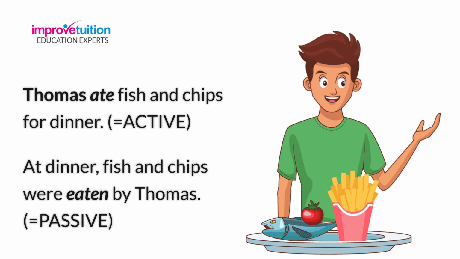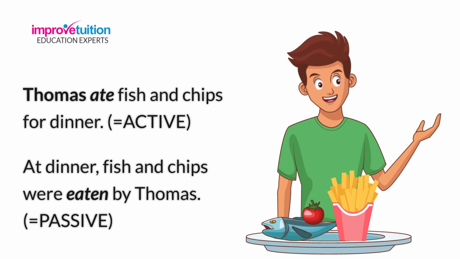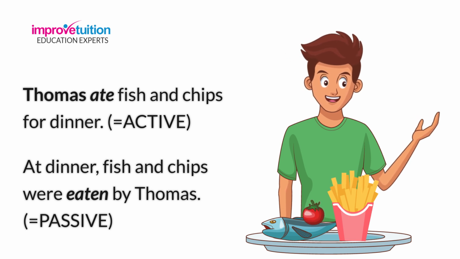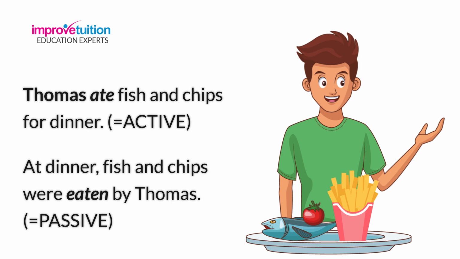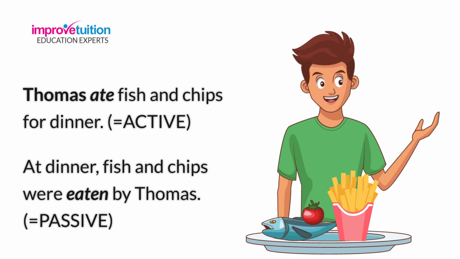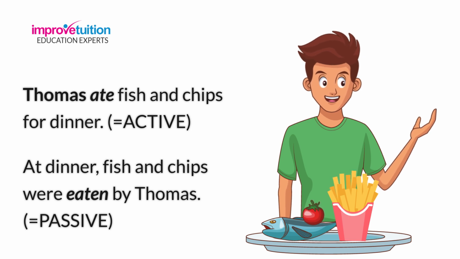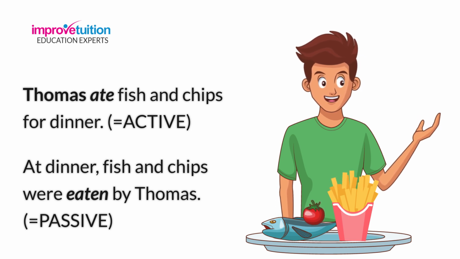At dinner, fish and chips were eaten by Thomas. Notice in the passive voice, Thomas is now at the very end, but in the active, he was at the front.